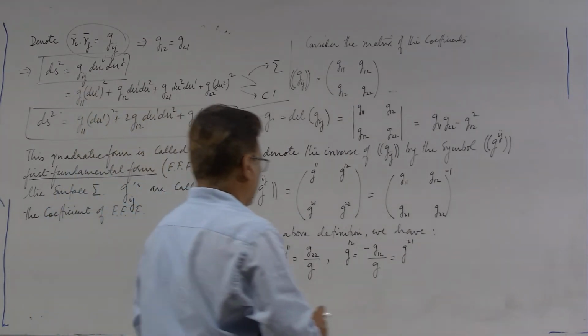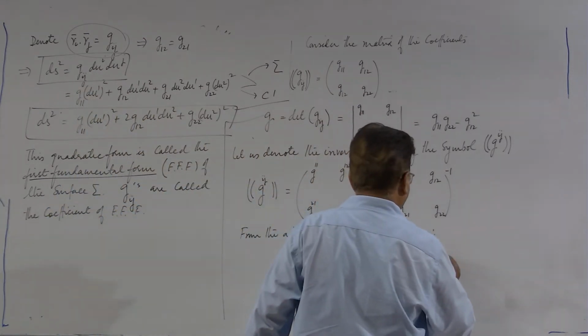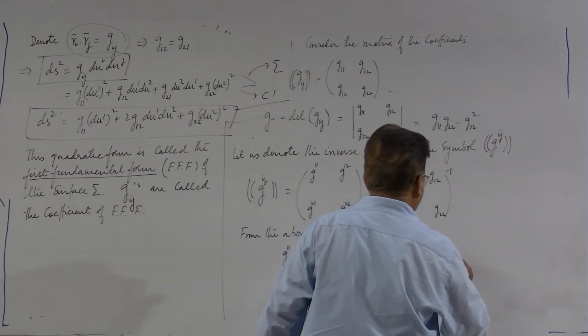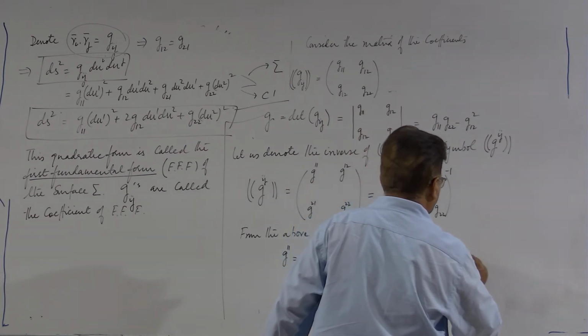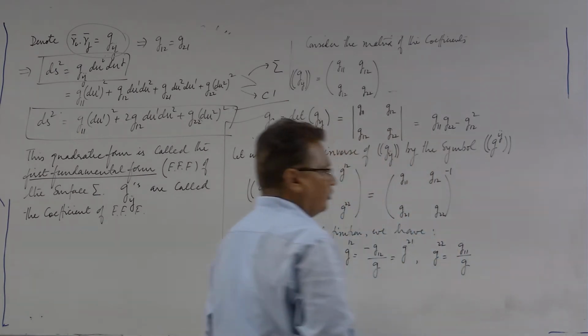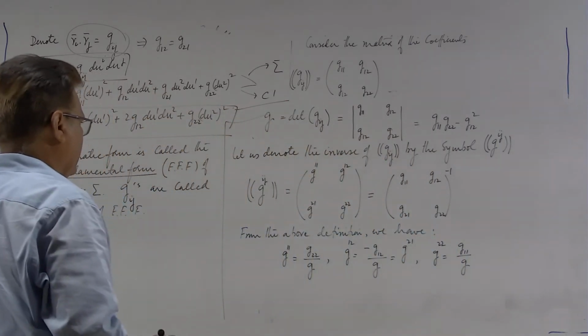And G upper 22 will be equal to G11 upon G. This follows straight away from the definition.